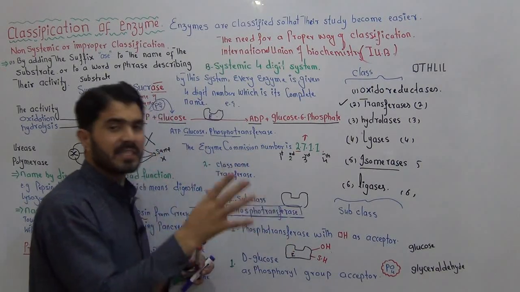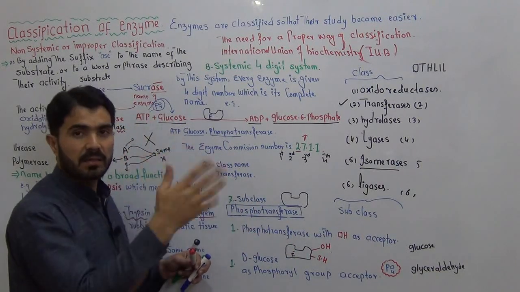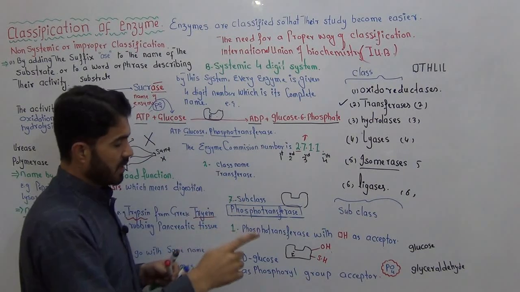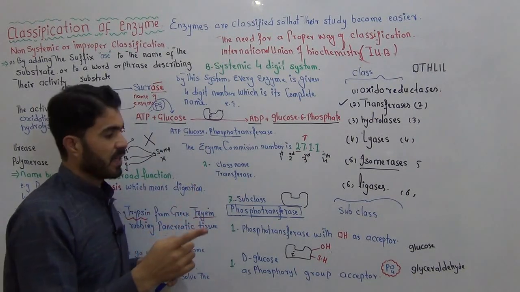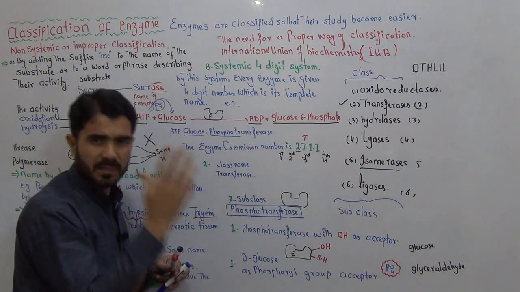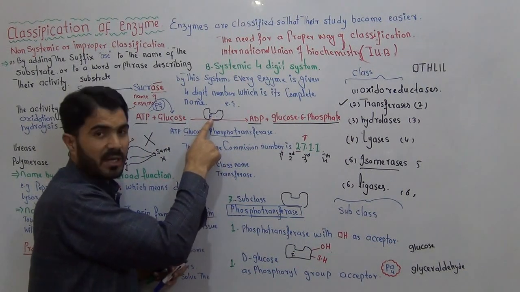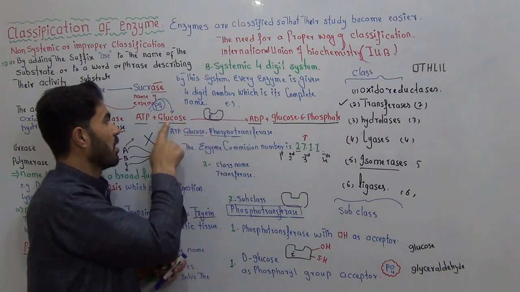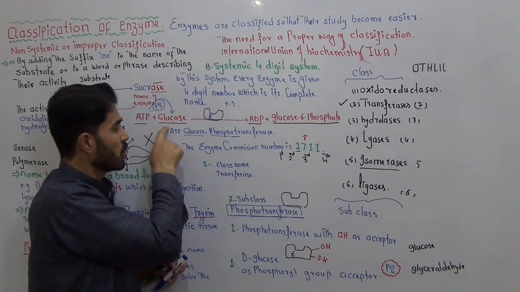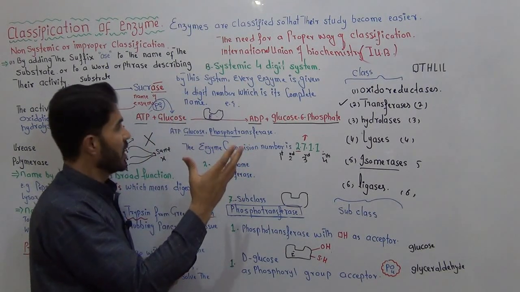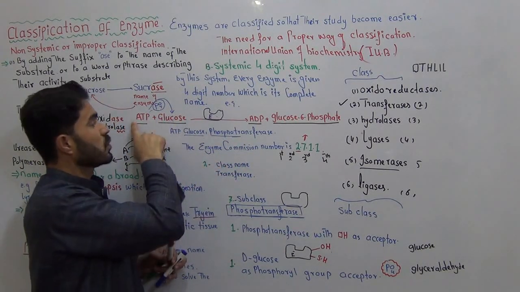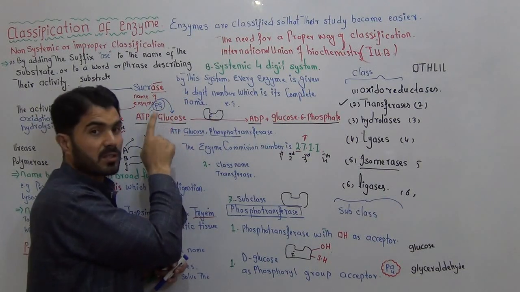So we must indicate it. So there is another number, which we call the substrate. This is our enzyme, and it is going to act on glucose. This glucose is a kind of substrate for it. In other words, the phosphate group is going towards glucose.